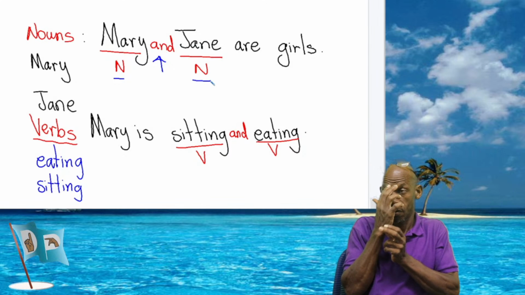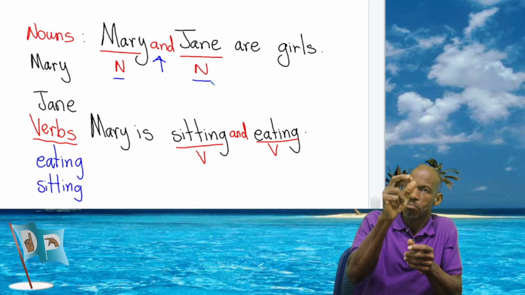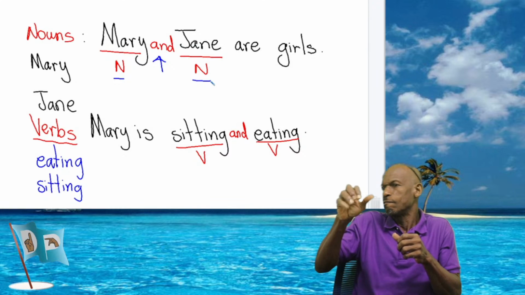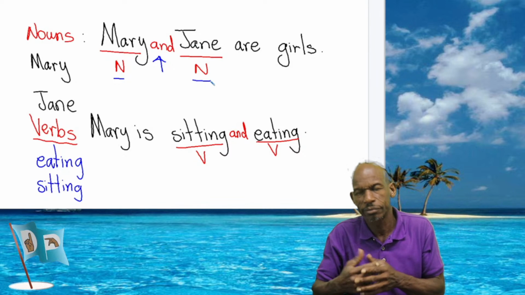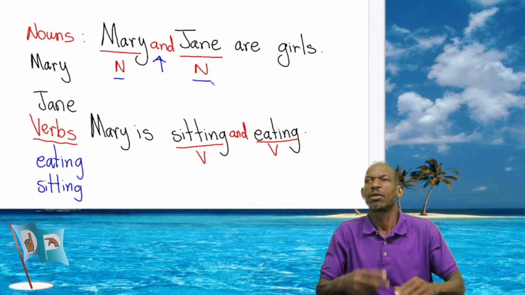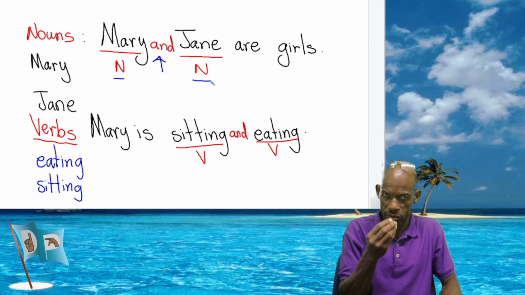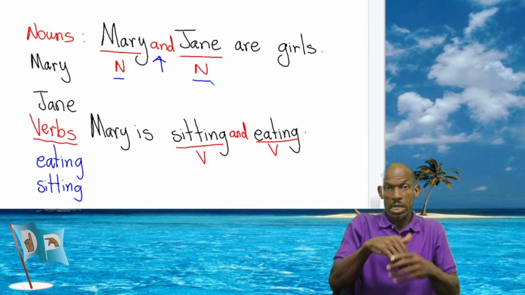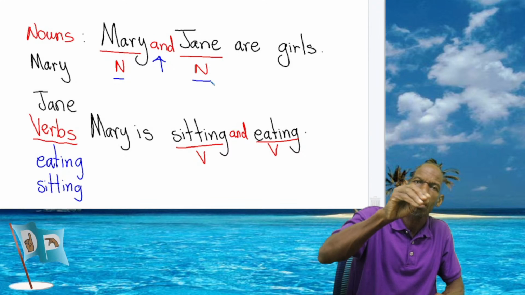Mary, Jane. Both of them are nouns. Okay? Similarly, when I have two verbs, sitting, eating, and I am putting them together in a sentence, I must put and between them. Two of them.